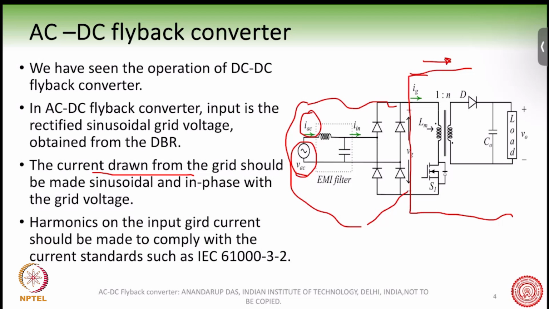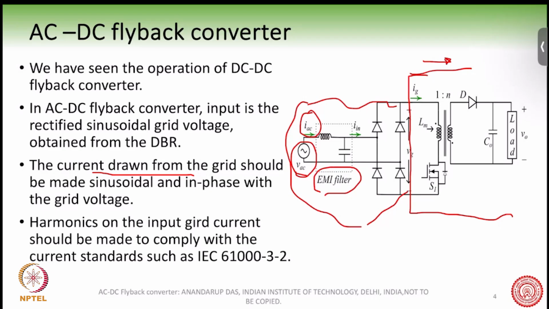This gives some additional considerations for the AC grid current, and this is one of the reasons why we have this EMI filter at the input. This is essential when the flyback converter is working in DCM, discontinuous current mode.